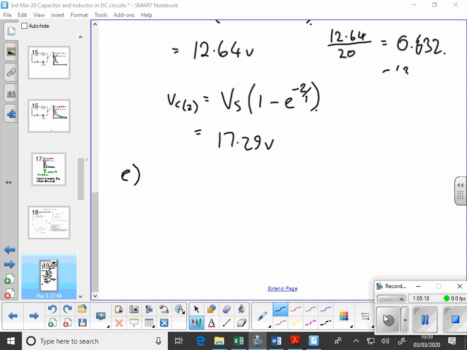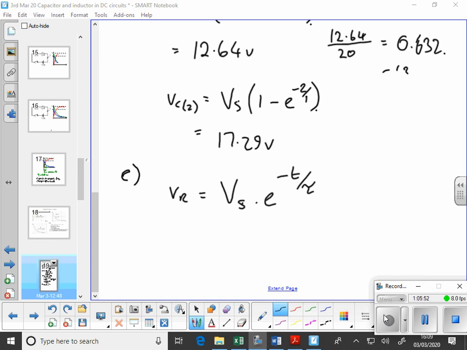Part E, we're looking for the time it takes for the resistor voltage to reach 15 volts. So it starts at 20 and it falls, remember. So little VR is equal to Vs times e to the minus t over tau, the time constant.